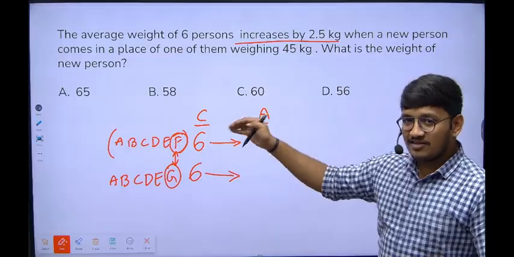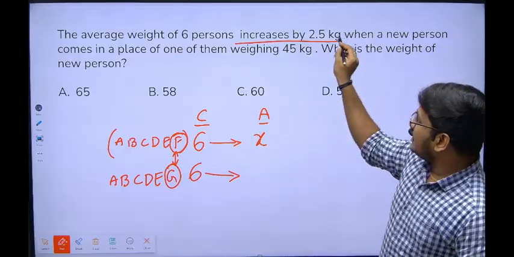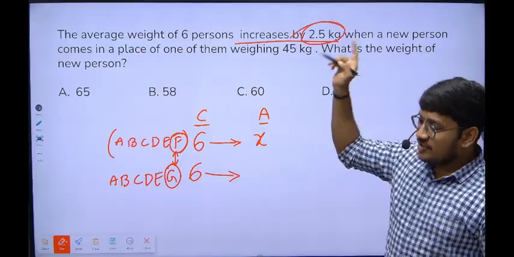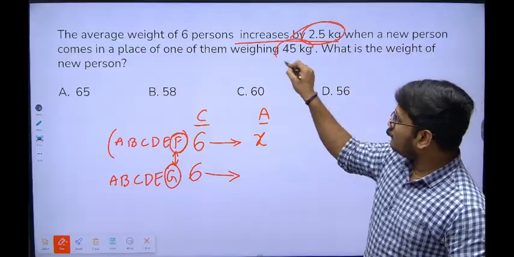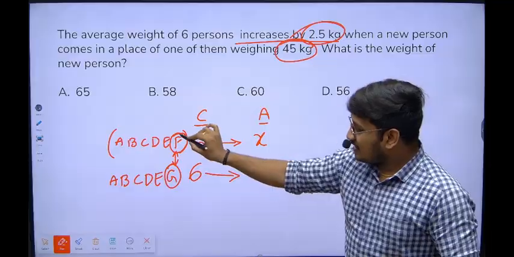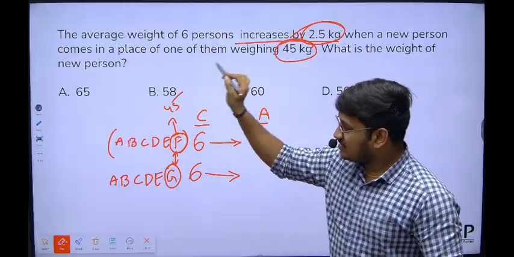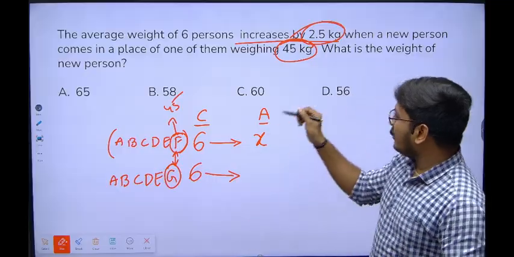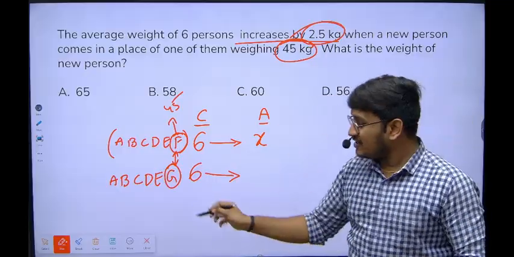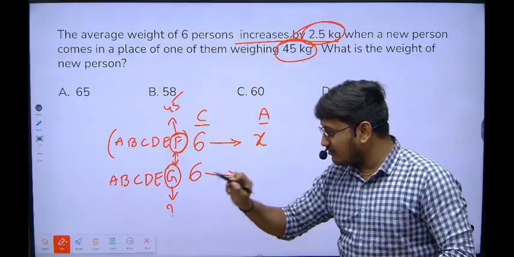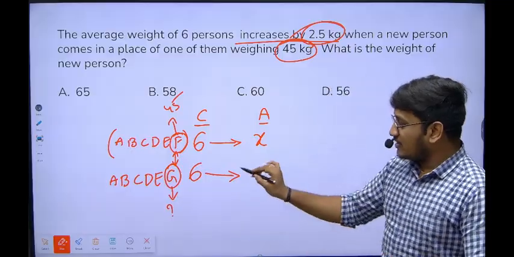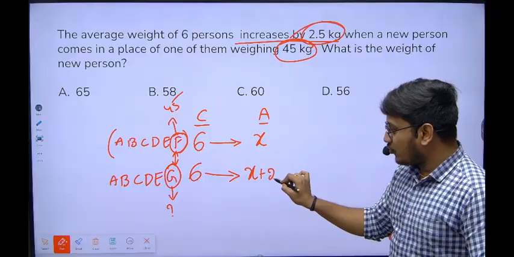Initially, the average is x, I assume. Now it increased by 2.5 kgs, because a new person came in place of one of them weighing 45 kgs, meaning F's weight is 45 kgs. They are asking about the weight of the new person. Who is new here? G is new. So what is the weight of the new person? Now the average is increased by 2.5 kgs.